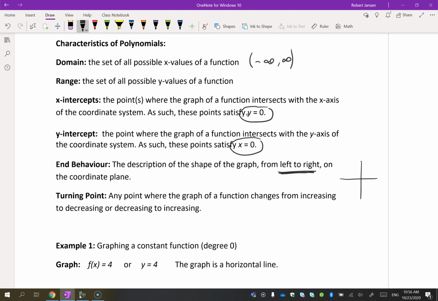Really, what we're wondering about is what's going on when the x value gets towards infinity. Like, is it going this way or is it going this way? Okay, we'll talk about those with examples. The turning point is where the graph changes direction.